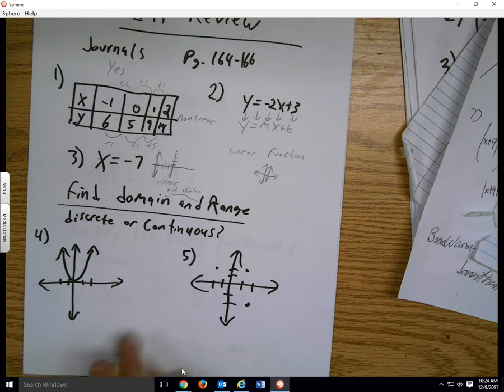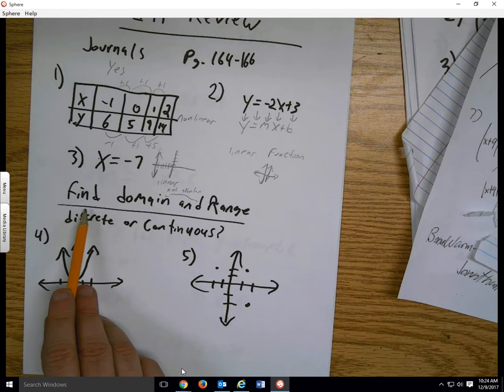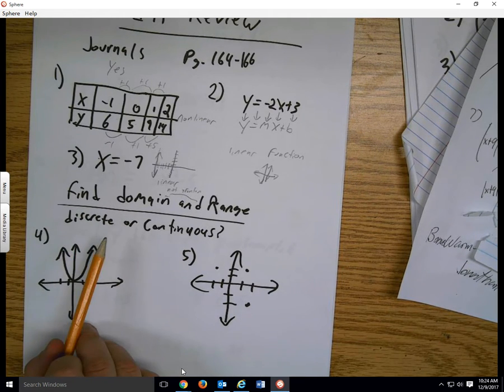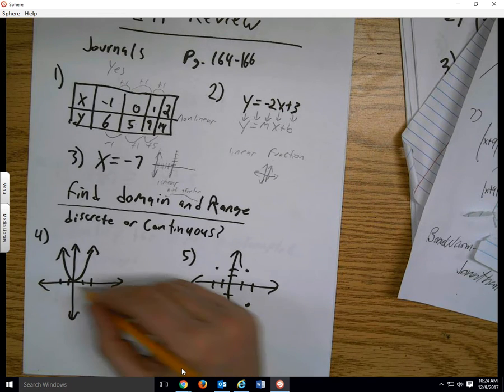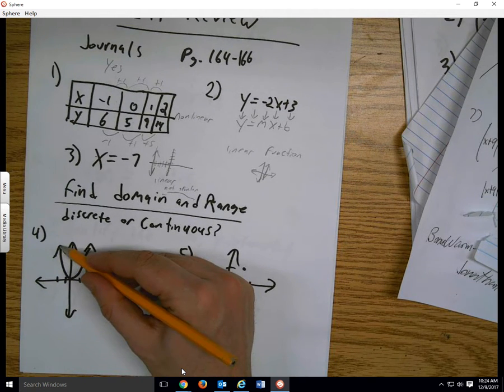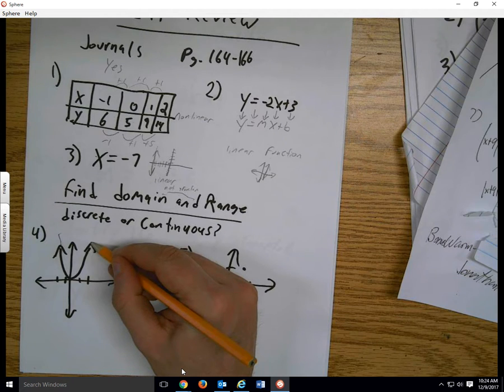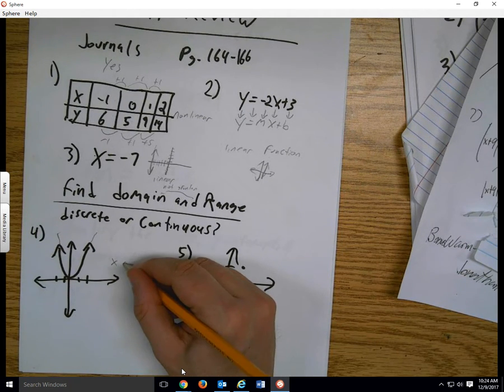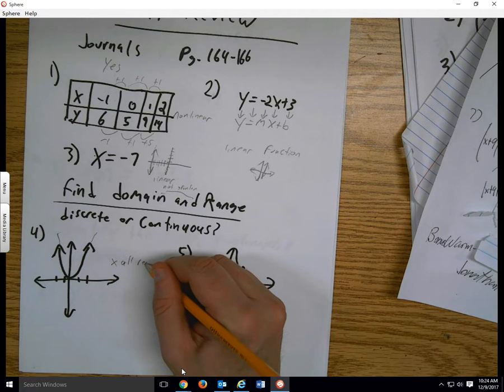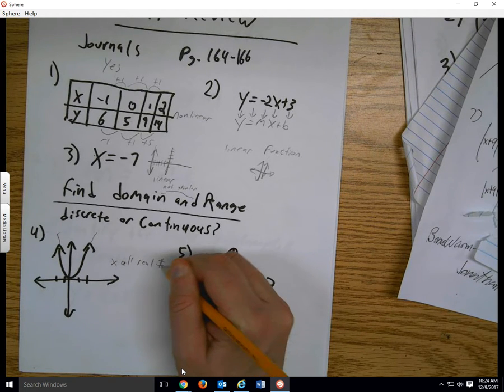All right, for number 4, it says find the domain and range, and then is it discrete or continuous? So the domain is all the x values. Now, see how these arrows are pointing? If you were to extend those arrows, it would go on forever. So the x values are all real numbers.